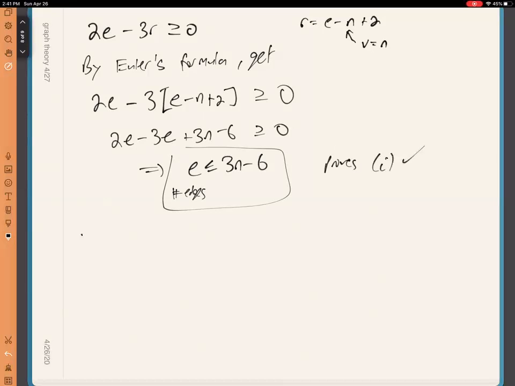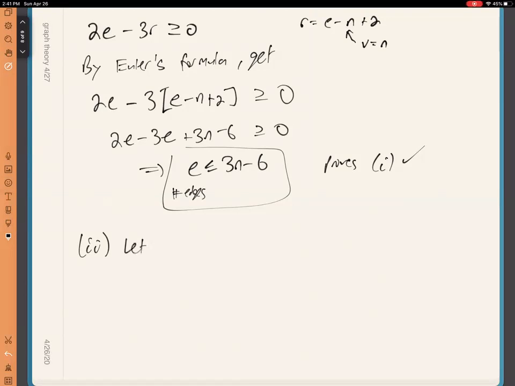And so now let's prove part 2. For part 2, we're going to give an argument that's similar to some of the previous arguments today, except instead of working with the average degree of a region, we're going to use the average degree of the vertices.